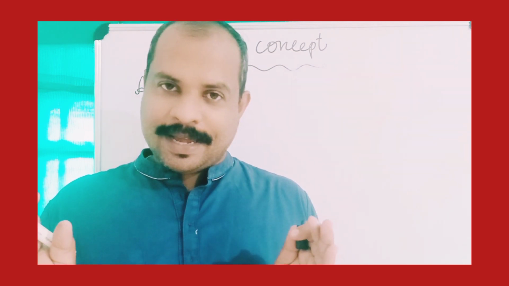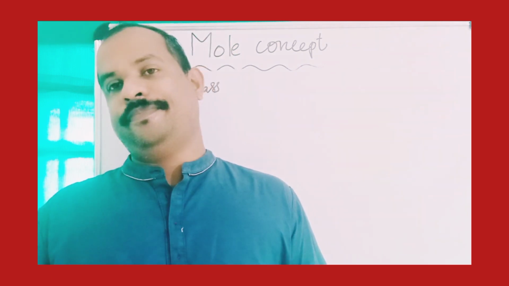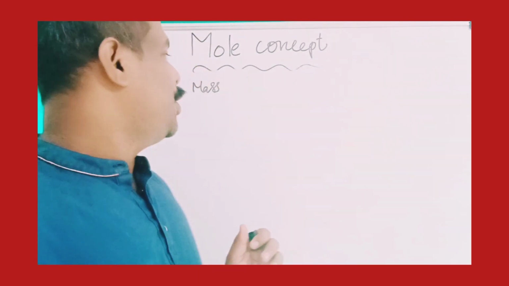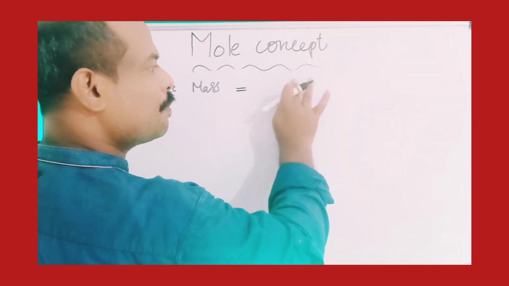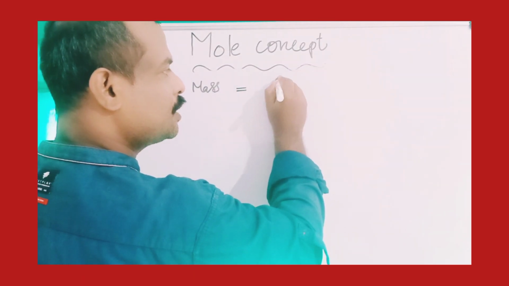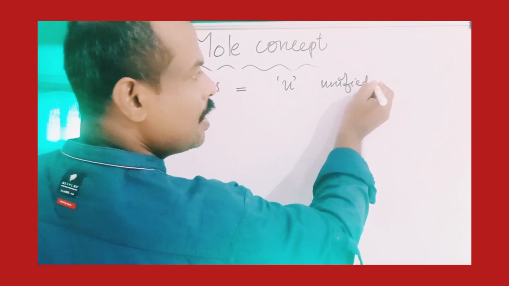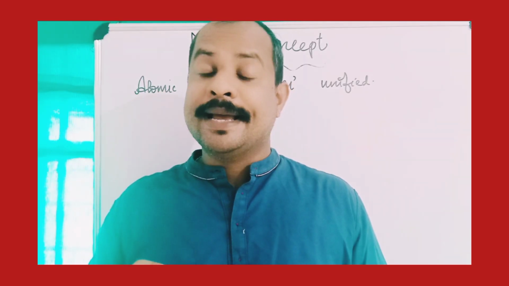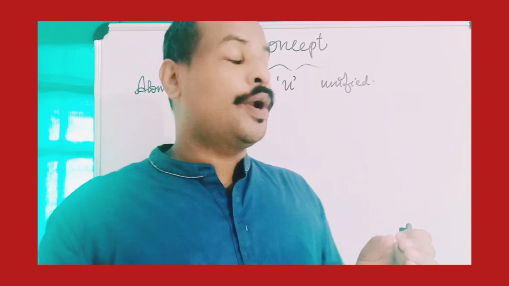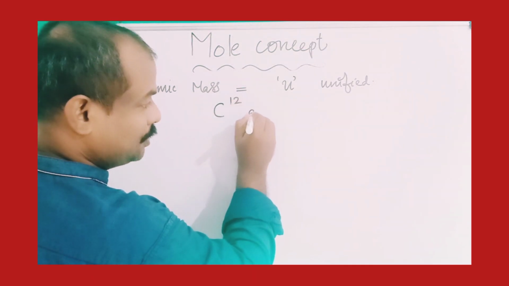It is the mass of an atom. Normally, atomic mass is denoted by the small letter u, unified mass. And we all know the atomic mass of an element is based on the carbon 12 atom.